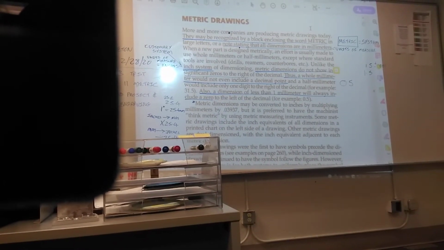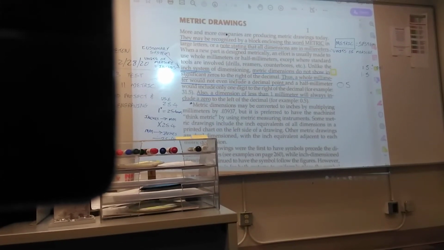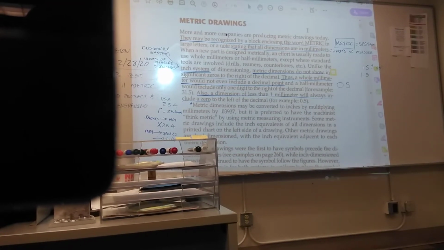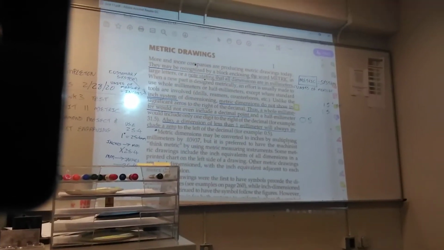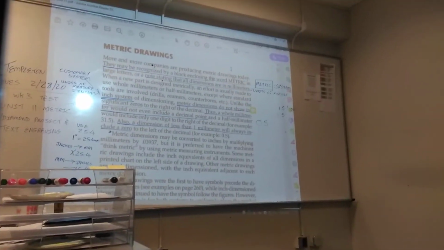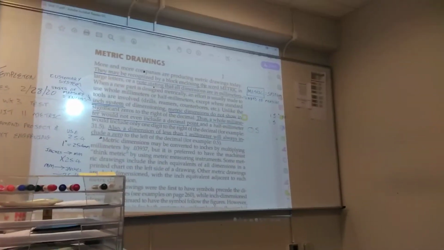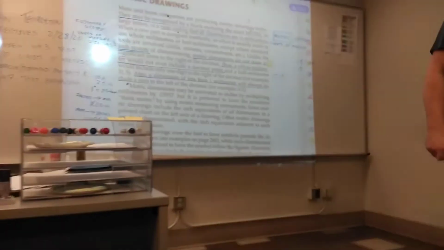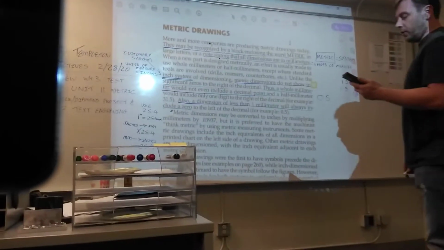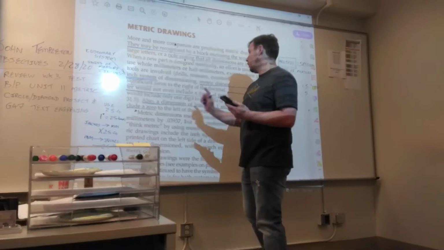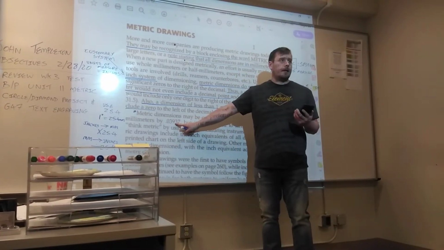If you put your calculator to 9 decimal places, using the fix setting, set it to 9, and then do 1 divided by 25.4, what number does it give you? 0.03937, which is what it has here.